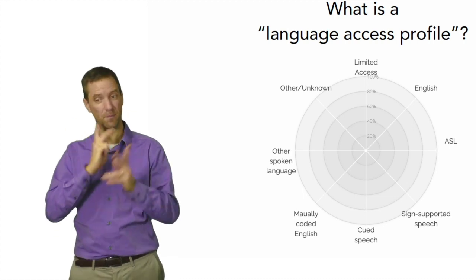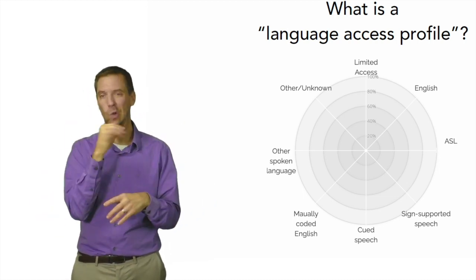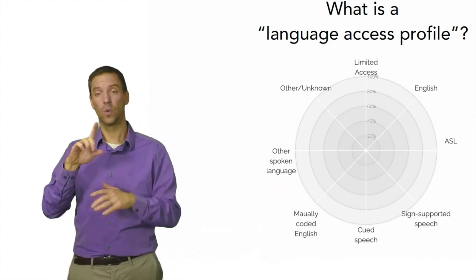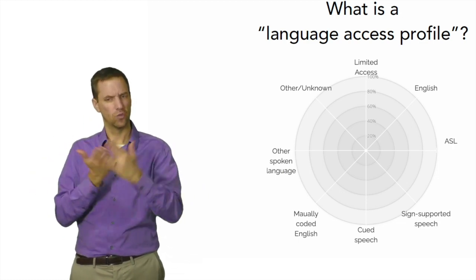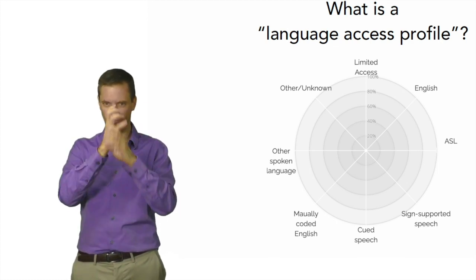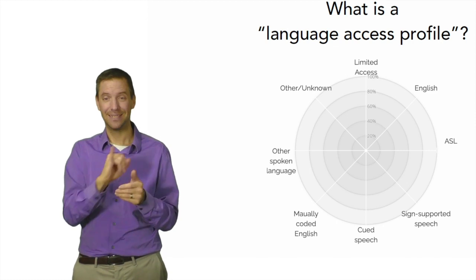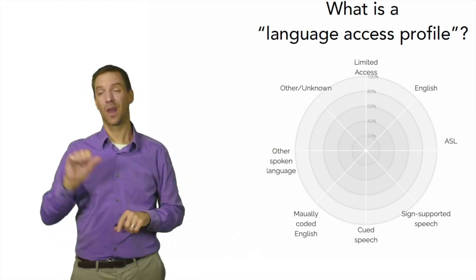Down here we have cued speech, which helps people to see the difference between speech sounds that are visually similar. Here we have manually coded English, which is another way of expressing English on the hands, but this category really follows English morphosyntax very strictly. For example, the baby is sleeping.